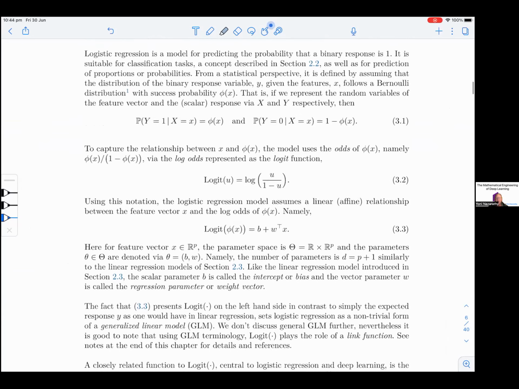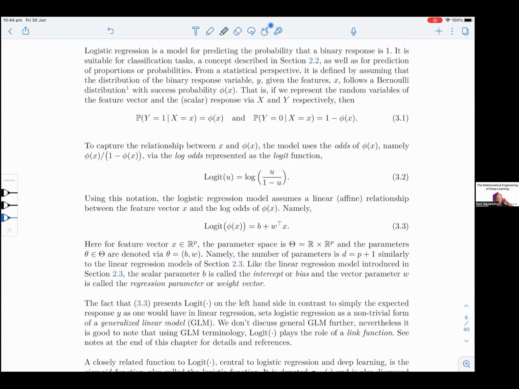That is, if we represent the random variables of the feature vector and the scalar response via x and y respectively, then the probability that y equals 1, given that x equals x, is phi of x. So phi of x is a probability of success. And the probability that y equals 0 is the complement, 1 minus phi of x.